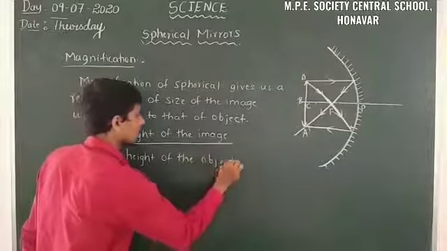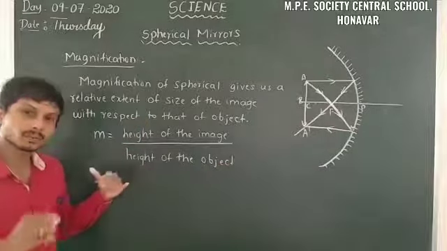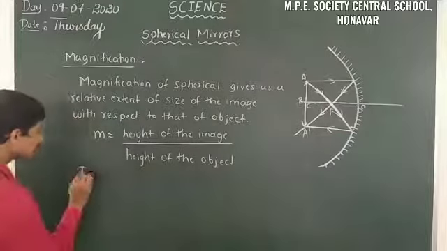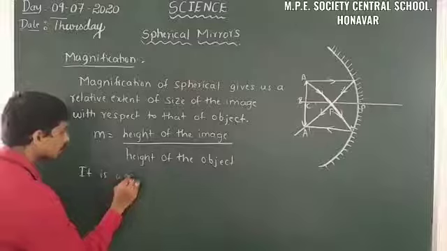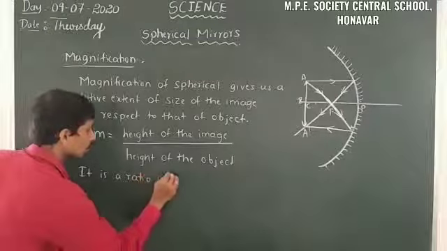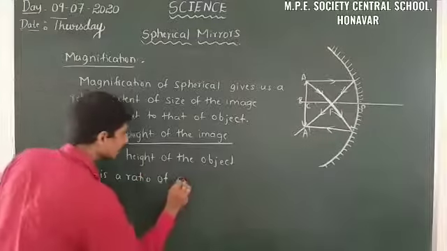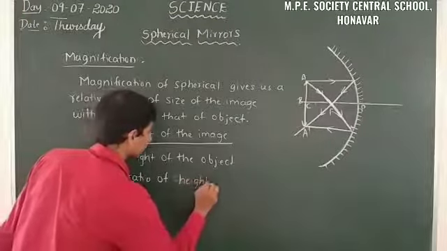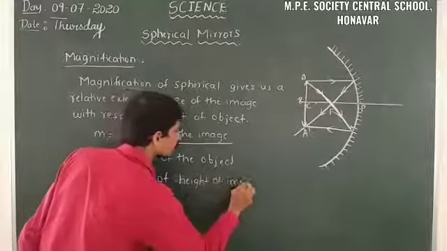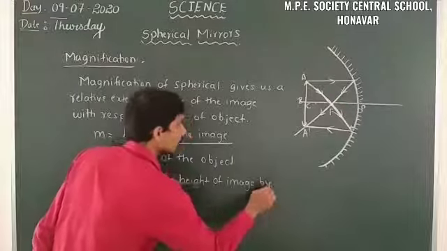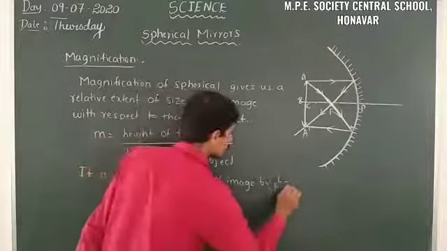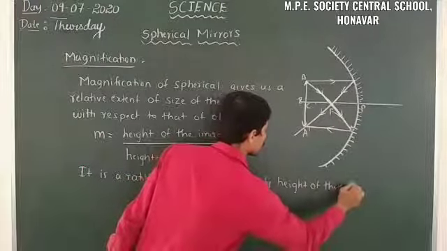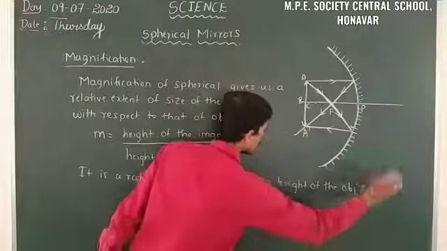From the reference of that, we have to define the magnification in another way. It is a ratio of image height by height of the object.